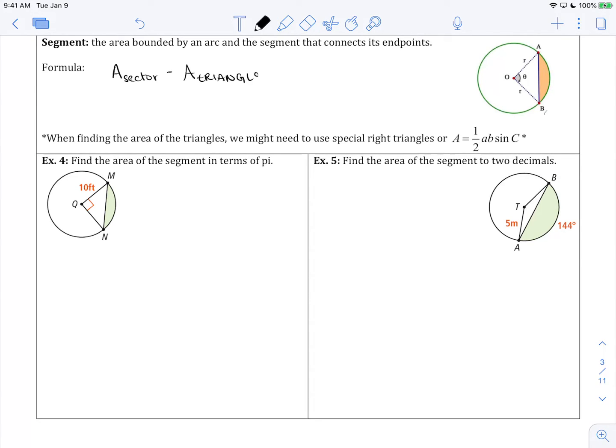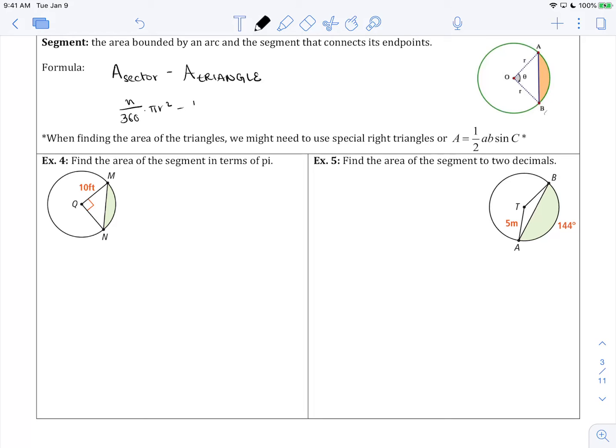And we just talked about area of a sector. So for the area of the sector, right, we would do n over 360 times pi r squared. To do the triangle, depending on what information you're given, you're going to have to subtract the area of a triangle.